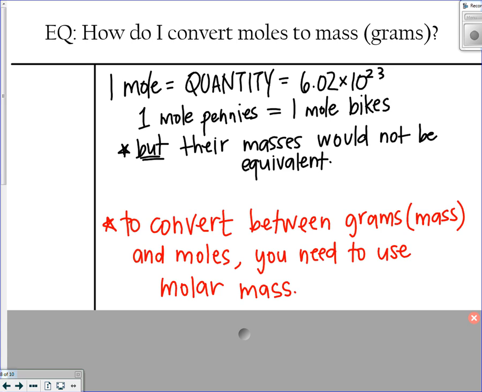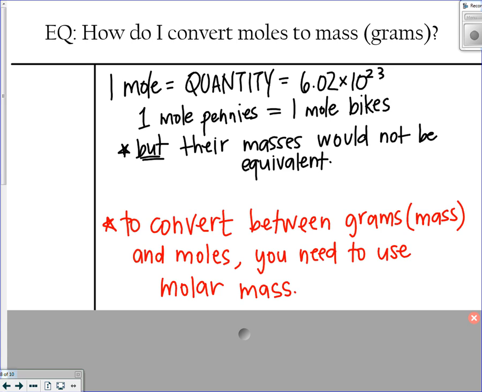So here in red, to convert between grams, or to convert from a mass and moles, you need to use the molar mass. So this is true for what we're going to talk about on both pages of notes today. Last week, we talked about how to calculate molar mass. And if you remember, we list out all of the elements in that compound.